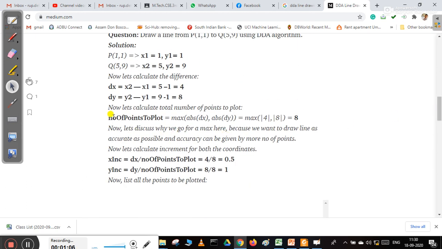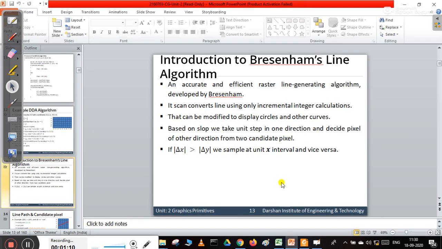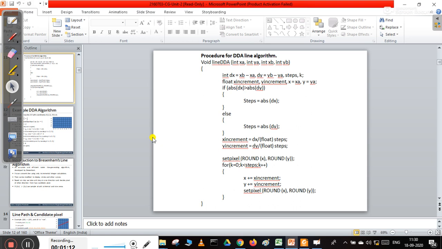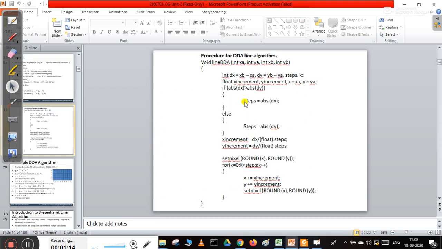Now the number of points to plot, or you can say steps. We have discussed this point also. In this algorithm you can find steps. The steps are calculated depending upon the values of dx and dy, and dx and dy were calculated using the values of the points.